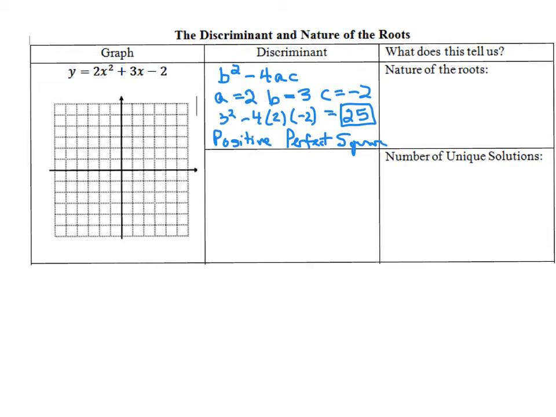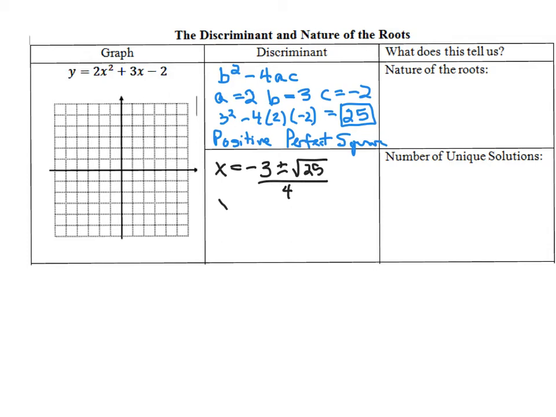So from that discriminant, I can then go ahead and solve for my roots. So let's put that in the box below. So I will have x is equal to the negative of b, so negative 3, plus or minus the square root of that discriminant, so the square root of 25, all over 2 times 2, which is 4.